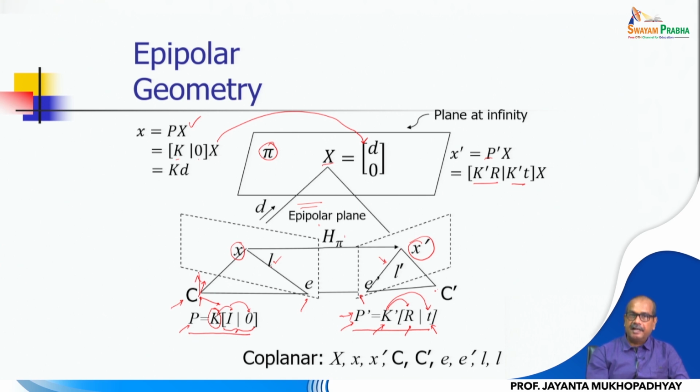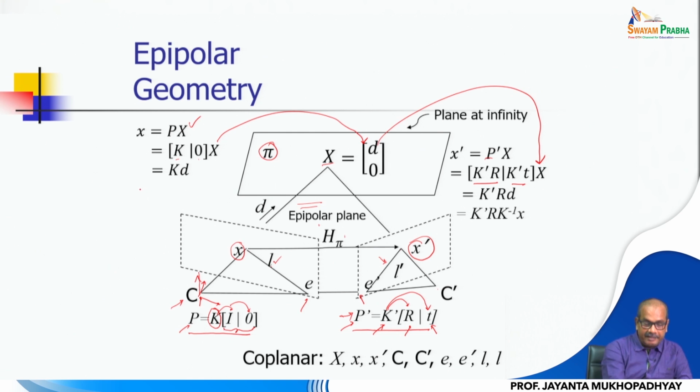Then if I consider X is (d, 0), this will give me K prime R d. Now you can see that I can write d equals K inverse x. So I can reduce this expression to K prime R K inverse x.